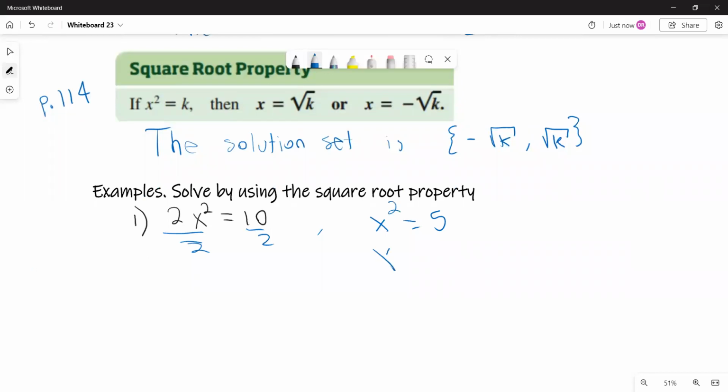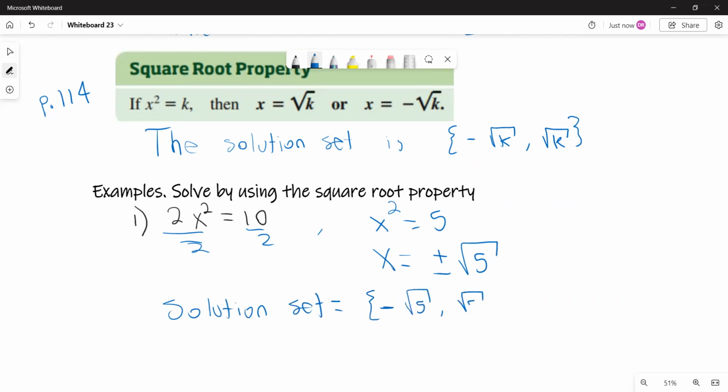So x is plus minus square root of 5. And that is the solution set. The solution set is minus square root of 5, square root of 5.